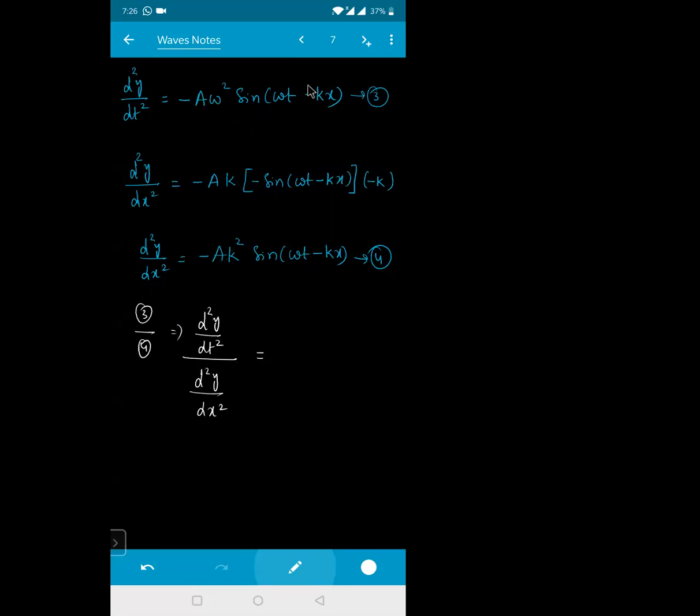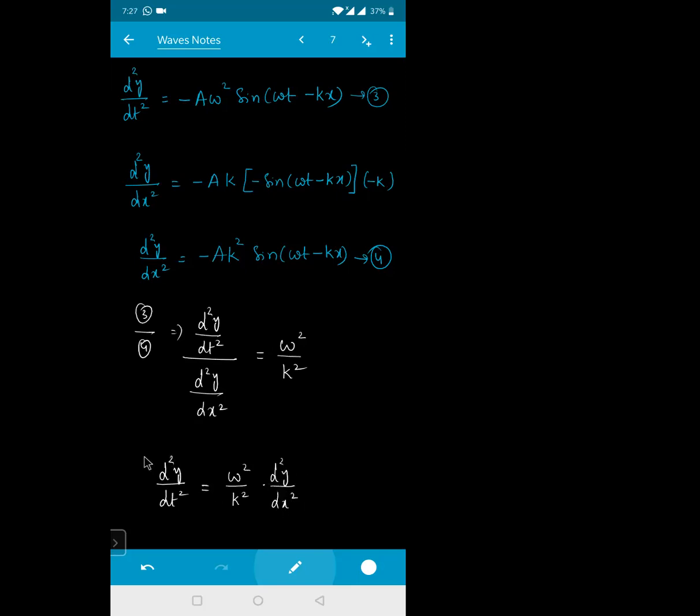A and a will get cancelled, sine and sine also will get cancelled. So this will become omega square divided by k square. That means I can write d square y by dt square will be equal to omega square divided by k square into d square y by dx square.